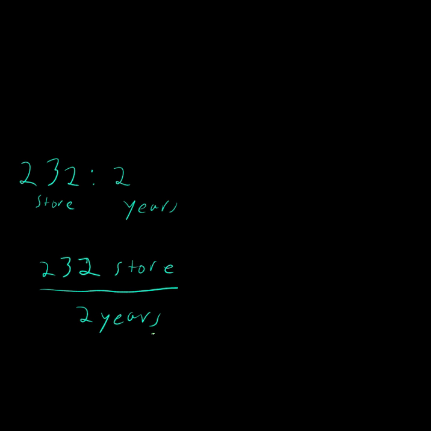And we can write this out as a proportion where we have an unknown number of stores, r, but we know that it's going to be to 3 years. And so we can just solve for this r.